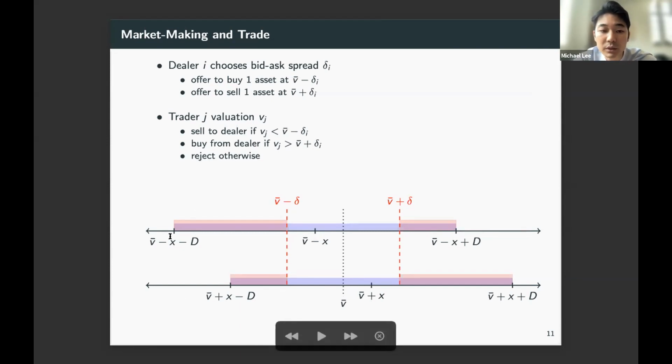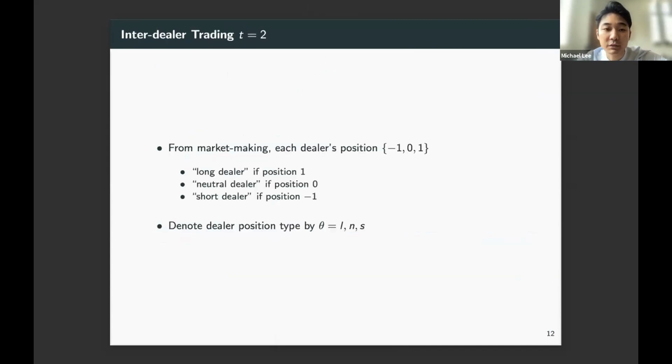And so traders with a low valuation are going to accept this. Oppositely, for the ask price, which is higher, traders with a high valuation would accept that. So dealers from their market making activity are going to acquire a position of either -1, 0, or 1.